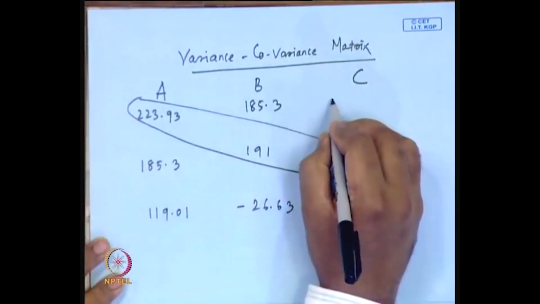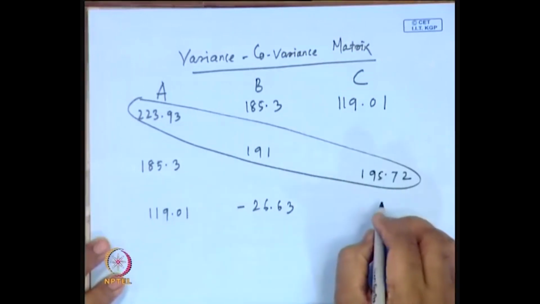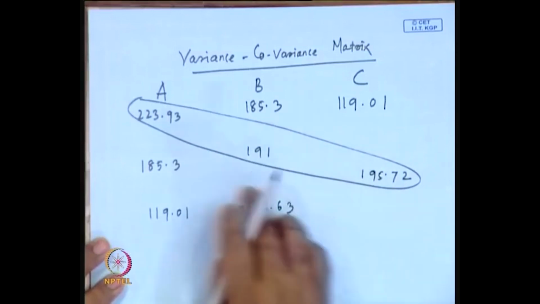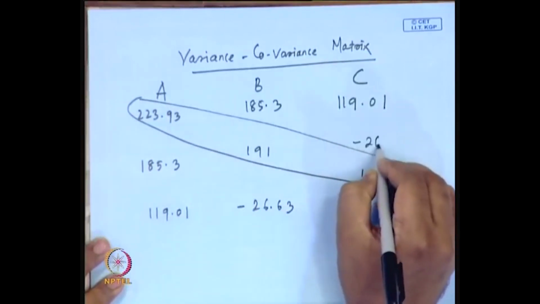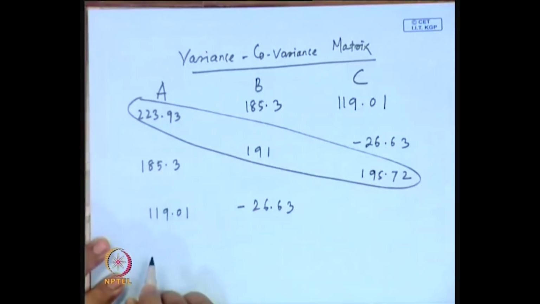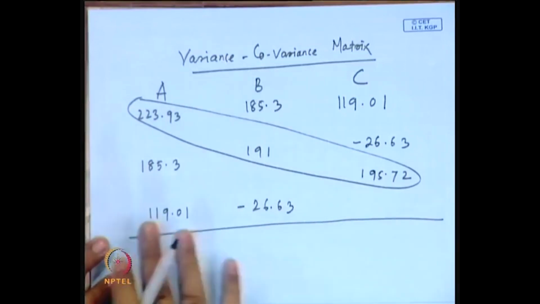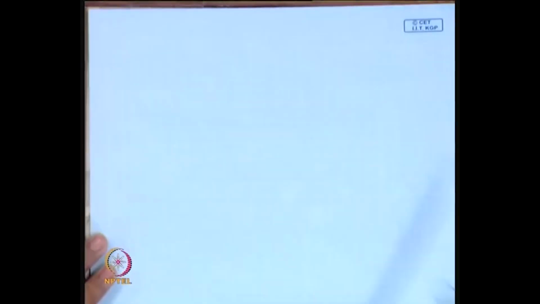Between A and C the same figure here, 119.01, and here also it will be minus 26.63. So, like that, if your variance and covariance matrix is given to you, this is the data given.